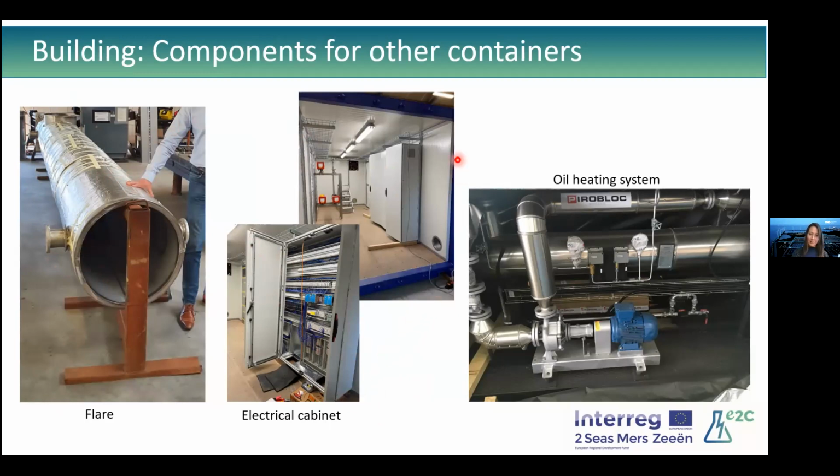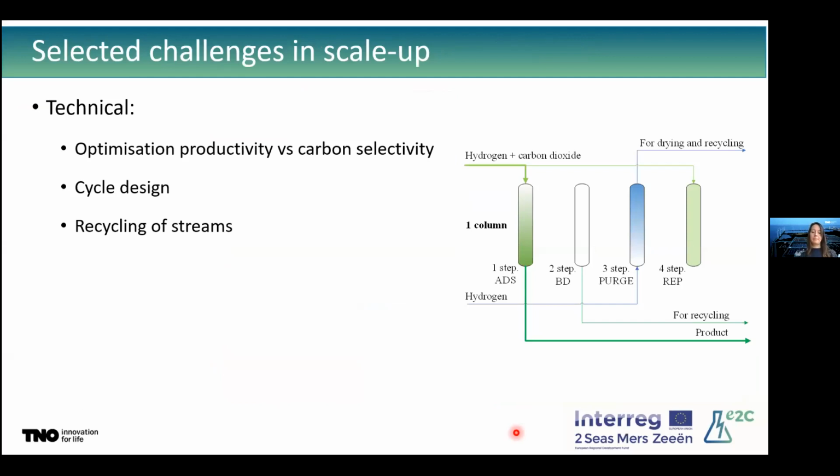This is the other container that's being filled up at the moment. This is the electrical cabinet for the control system. And here I have a picture of the oil heating system to give you an impression of what the pilot will look like.